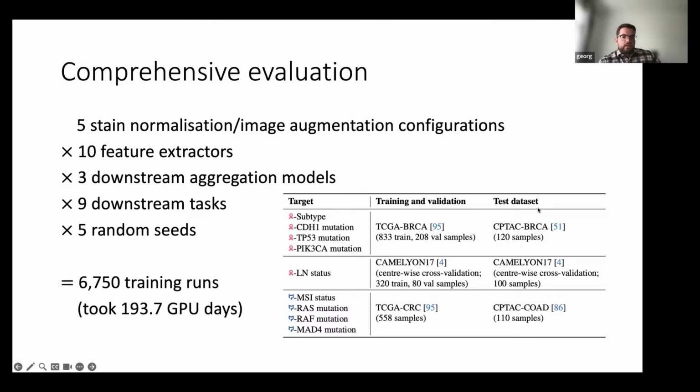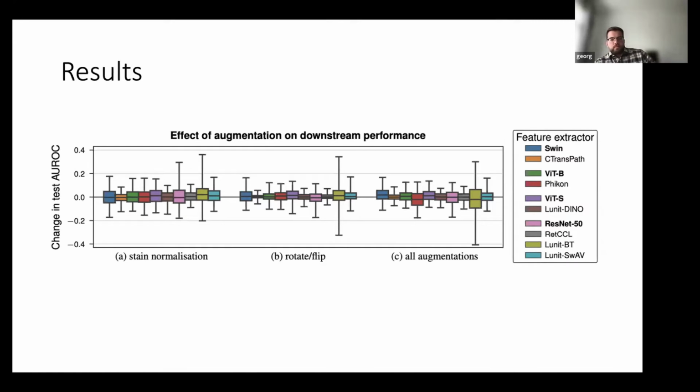Awesome. So the results, what we found firstly is this is looking at stain normalization on the left, and what we plot here is the change in the test performance. We look at AUROC if you perform stain normalization versus not. So a positive value would mean that stain normalization improves performance, and a negative value means it decreases performance.